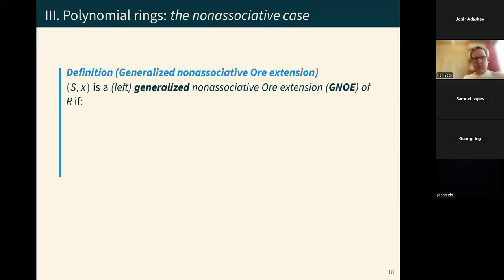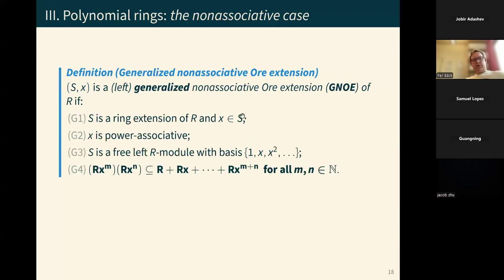So this is Masood's and my wish list of what a non-commutative non-associative polynomial ring should be. It should still be a ring extension of this basic ring, we think, and there should still be an X. And this X should be power associative so that you can define powers of X. It should still be a free left R-module with this basis so that you can describe polynomials.